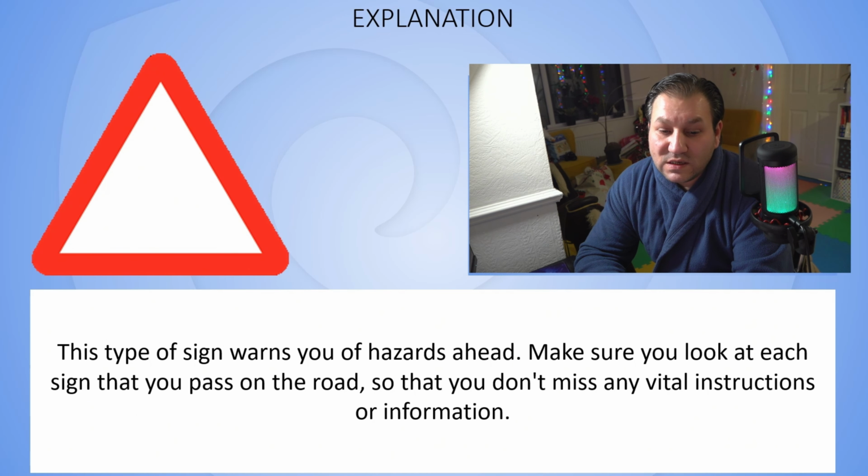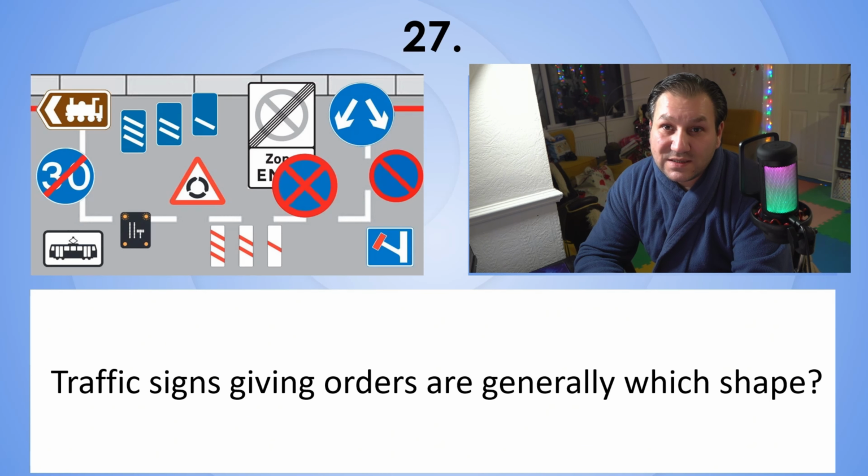Explanation. This type of sign warns you of hazard ahead. Make sure you look at each sign that you pass on the road so that you don't miss any vital instructions or information.